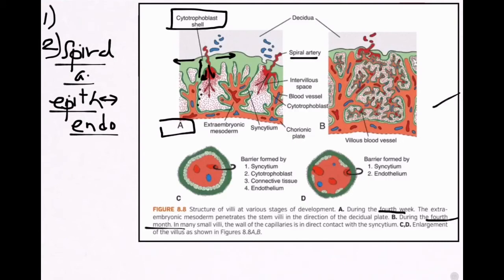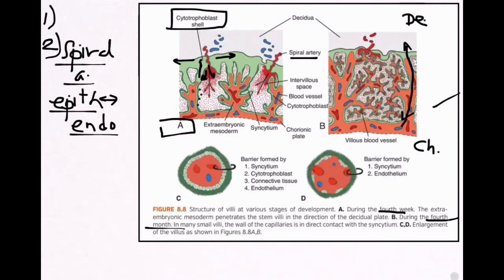Okay, now by the time you reach here, you can see that there are villi that extend all the way on either side, that is from the chorionic plate to the maternal region, which is known as the decidual plate.